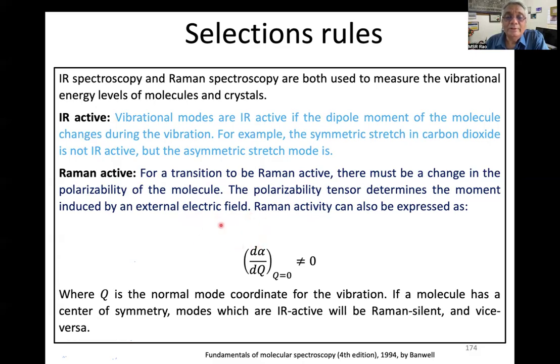That is, Raman activity can also be expressed as d alpha by dq, at q equal to 0, is not equal to 0, where q is the normal mode coordinate for the vibration. If a molecule has a center of symmetry, modes which are infrared active will be Raman silent, and vice versa.